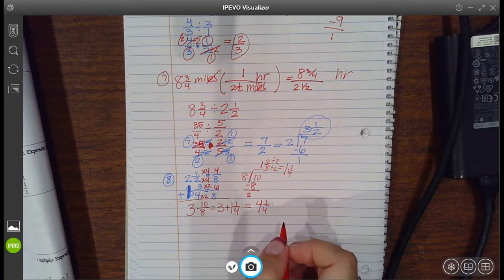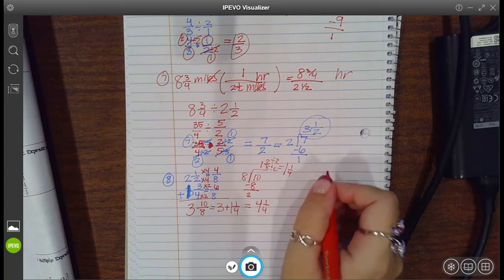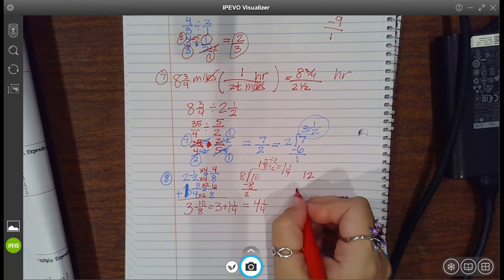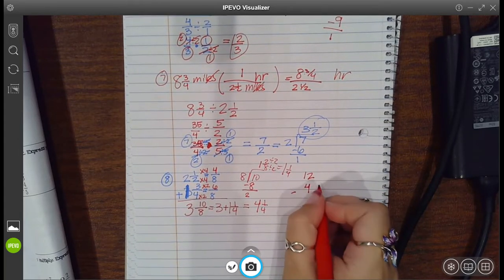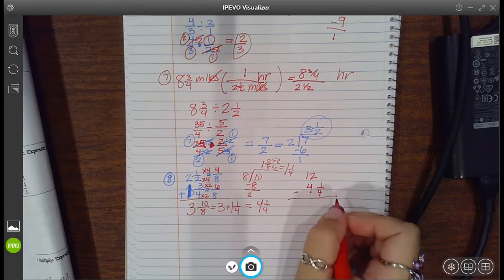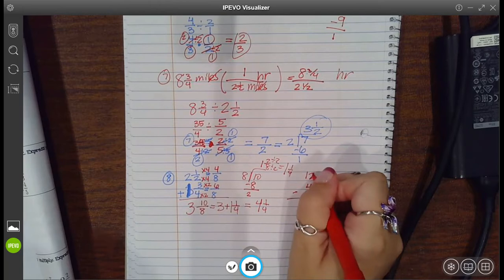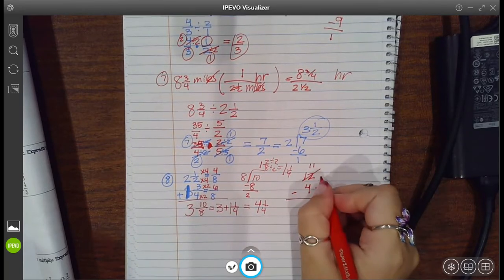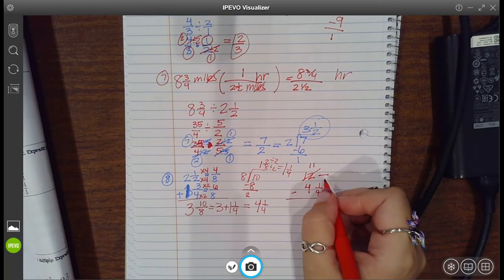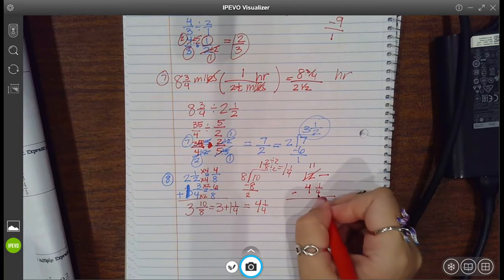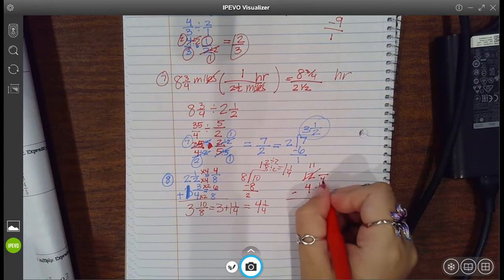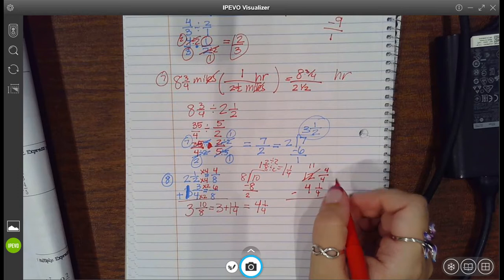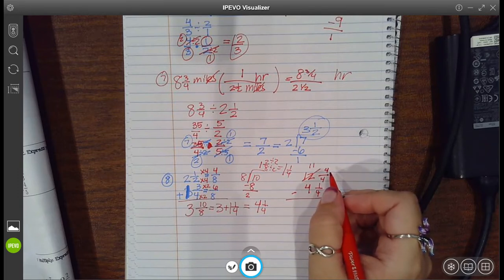We want to know how much they have left for home sites. Well, the total is 12. So we want to subtract 4 1/4 and figure out how much is left over. So let's borrow from the whole number and then put 1 here, but as a fraction, and we're going to choose whatever this denominator is over itself. Okay, because any number over itself is 1.